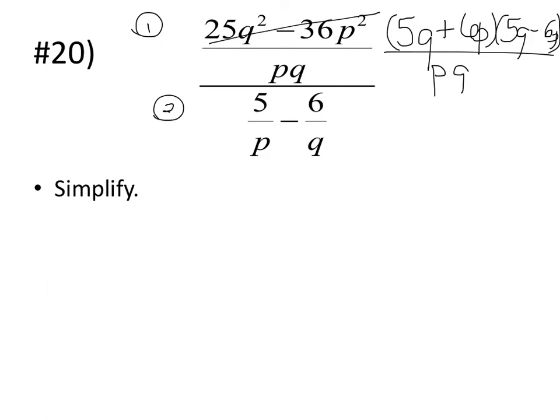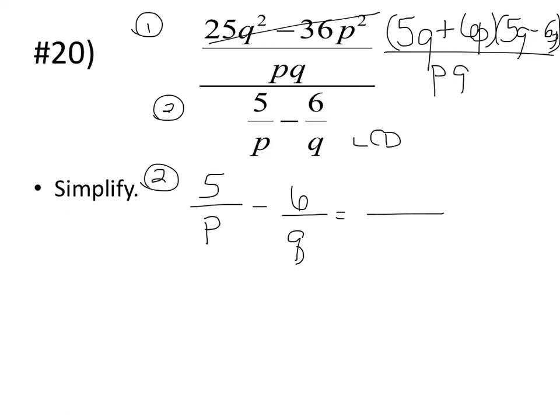All right, now I want to deal with the denominator. I have 5 over p minus 6 over q. So I need the LCD. My LCD is going to be, I need a p and I need a q, so it's going to be pq. Okay. What is missing from this denominator that this one has?